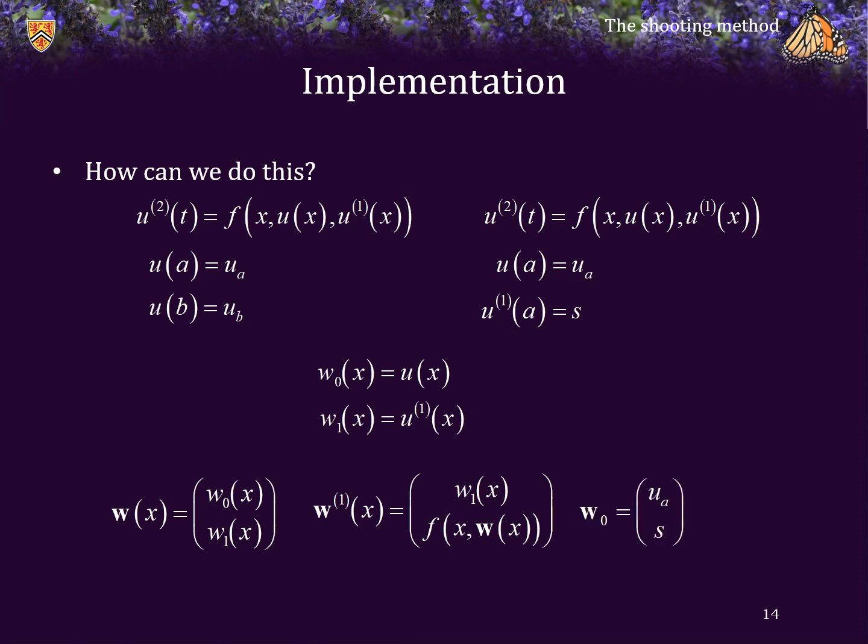Our initial condition is the vector u sub a and s, where again we will be choosing different values of s as the initial slope. You will see that this is now a transformation from a boundary value problem into a system of two first-order initial value problems. Now all we have to do is find the value s, using the technique we described before.